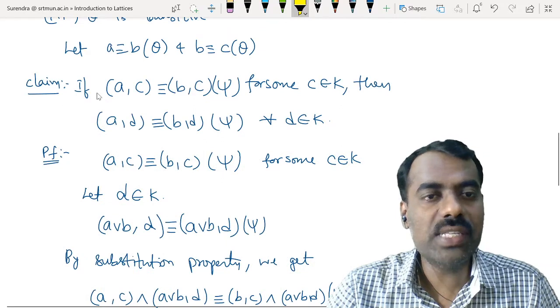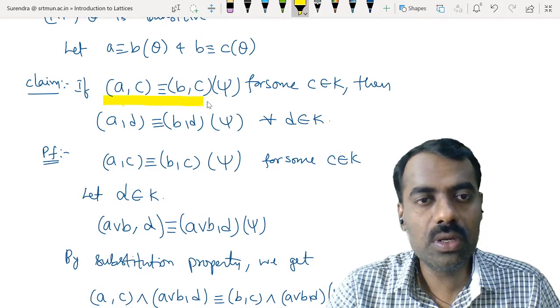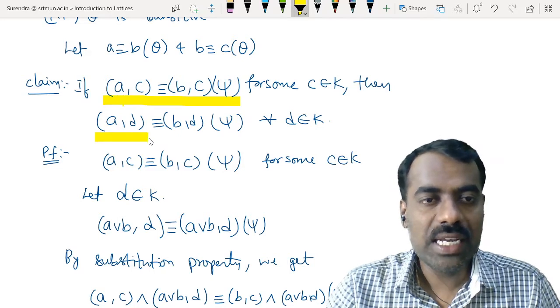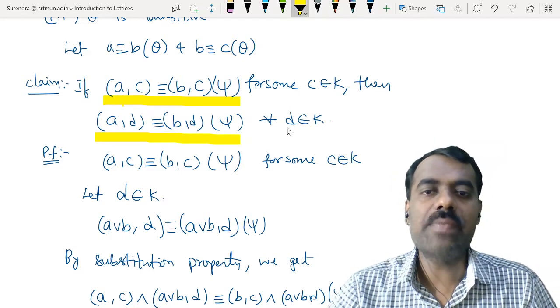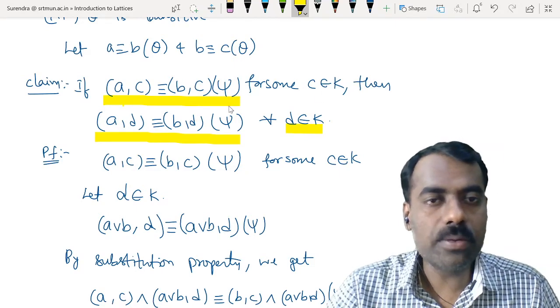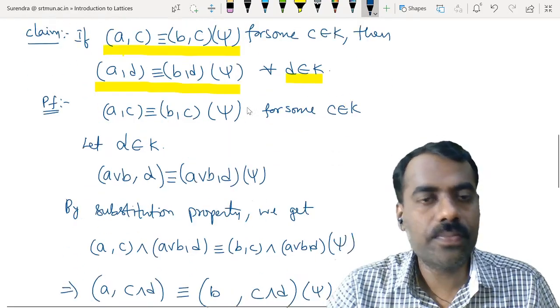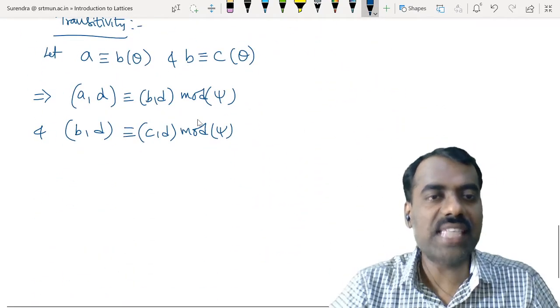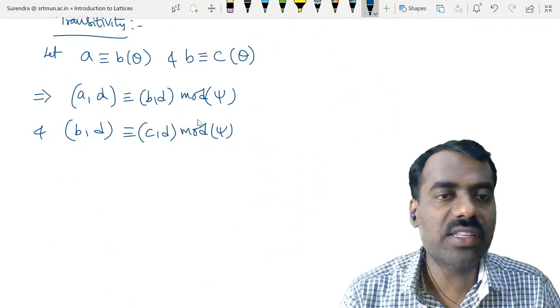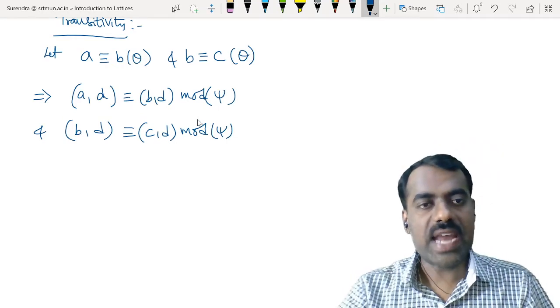Because of that, we have proved this claim which says that whenever this is true, it is actually true for any element in K, not necessarily for some. So there is no point of even taking C1 and C2. You can directly take any element, no matter. So we are taking here same D, whatever it is existing for this, we are saying that it is also true for this one, right? Now our idea is what?